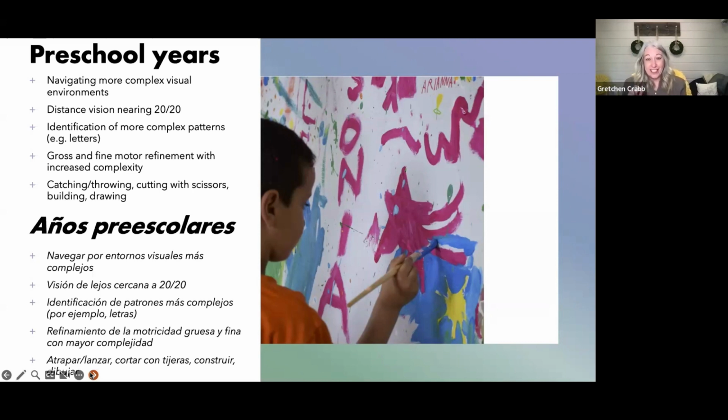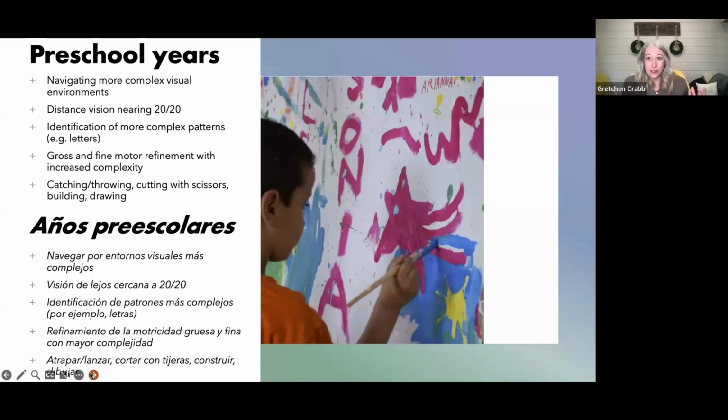A fascinating little fact here is that when children start drawing, they're usually only able to draw in themselves what they can perceive. That's why when children start drawing pictures of themselves, it's usually a big head and a little body, because that's what they perceive of themselves.